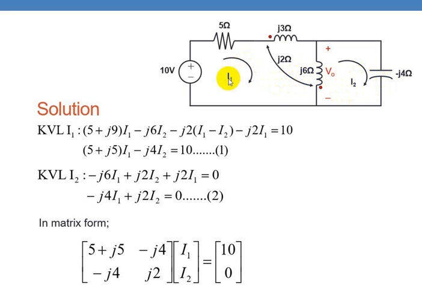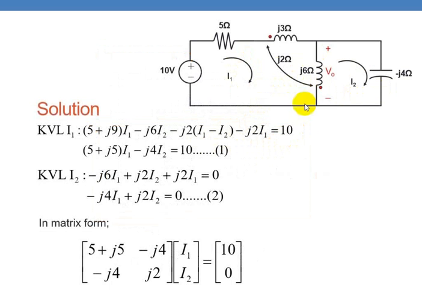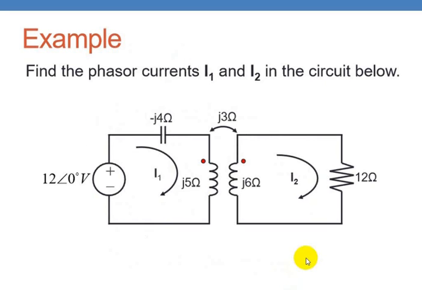Since it's the opposite direction, you write I1 minus I2 into the impedance of this. Then with this, you add the drop in the mutual inductance. That is minus J2 into I1, the current in the neighboring coil. The minus sign is because current I1 is entering here where it is leaving here. So now substitute I1 and I2 in these equations. So you get V0 as 7.04 minus J11.76 volts.